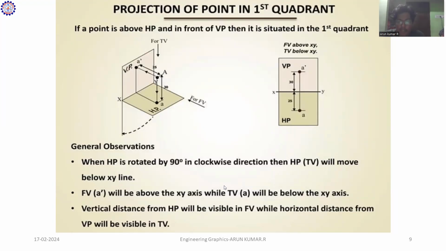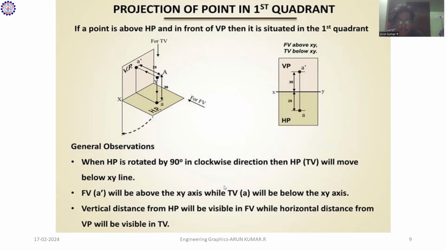In general, when the HP is rotated 90 degrees clockwise, the top view moves below the XY line. The front view A dash is above the XY line, while the top view A is below the XY line. That is the two-dimensional diagram.